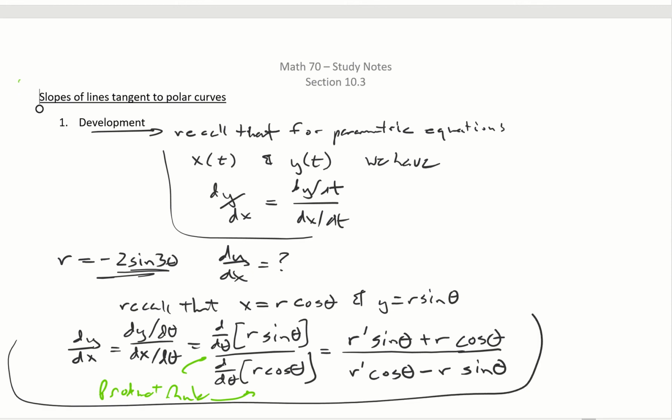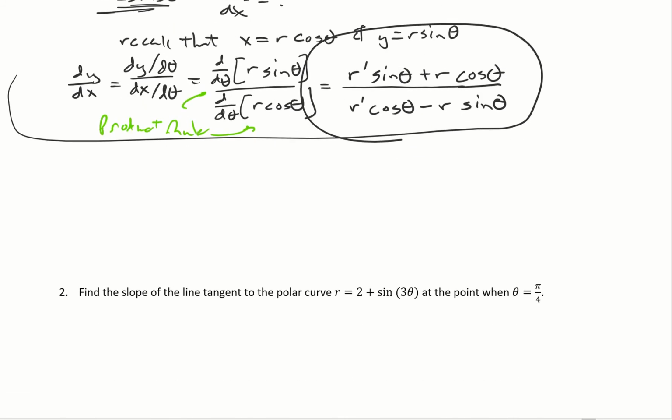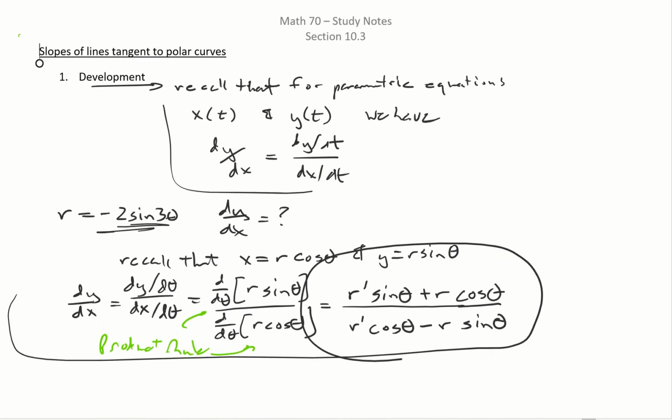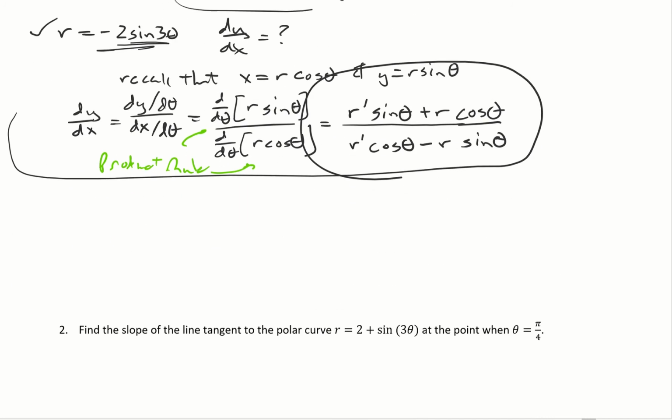That's the development. There's your formula. That's what you use. Okay, so for instance, I can throw an extra one in here if you want me to. I can do this one, but I think I'll go according to the script right now. This is actually a pretty short video.